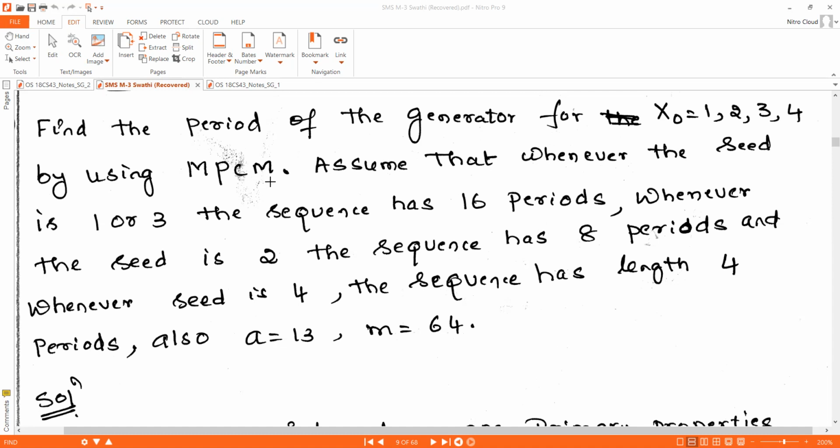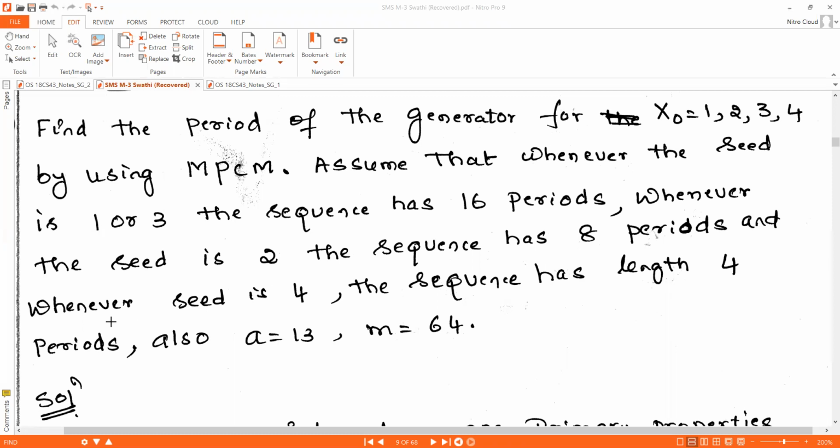Okay, multiplicative congruential method. Okay, and assume that whenever the seed is 1 or 3, the sequence has 16 periods. Assume that when the x naught is equal to 1 or x naught equal to 3, at that time the sequence will have 16 periods. Okay, whenever the seed is 2, the sequence has 8 periods. Whenever the x naught value is 2, then the sequence should have 8 periods.